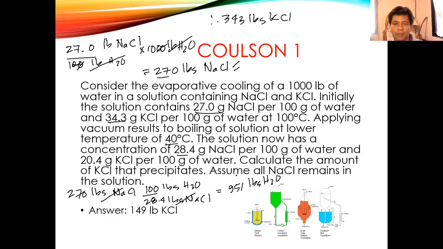So basically ang gagawin niyo na lang is find out kung how many pounds of KCl is still dissolved in water using this solubility 20.4. No? So halimbawa, you have 951 pounds of water. Okay? And then 20.4 pounds of KCl still dissolved in water per 100 pounds. Ay, baliktad pala. Sorry, baliktad.